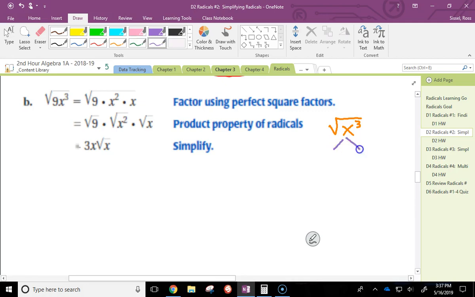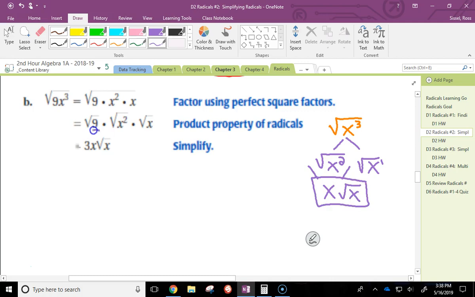So when I factor, all I have to do, this is so simple, is subtract 1. X to the second power and x. So I broke 3 into 2 plus 1, this is really x to the first power. Because x squared, if I take the square root of that, I would just get x. And I'd be left with the square root of x. So x to the third power simplifies to x times the square root of x.